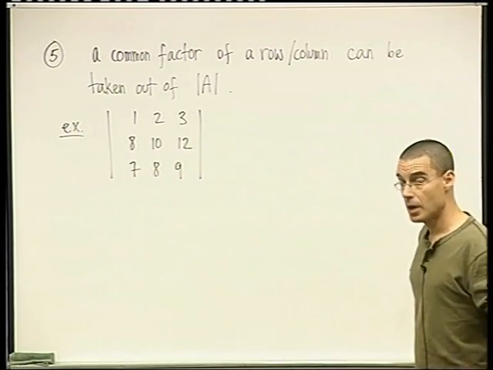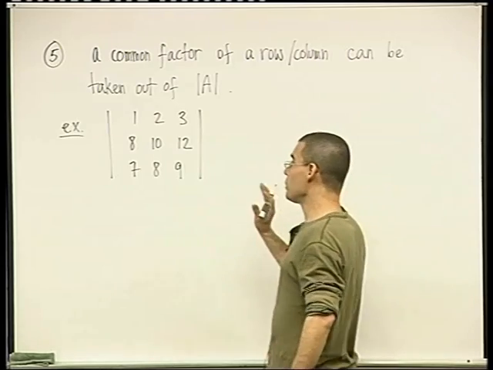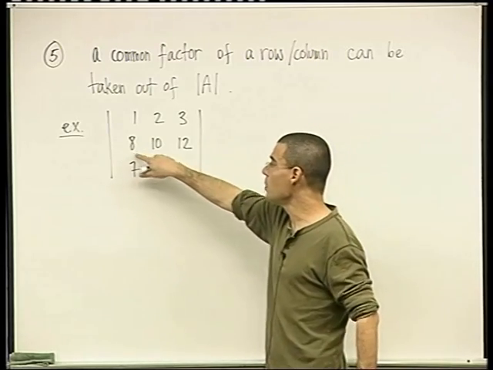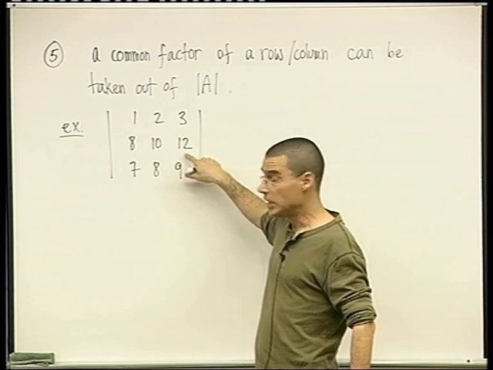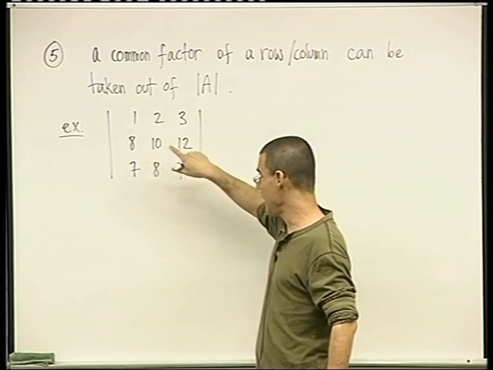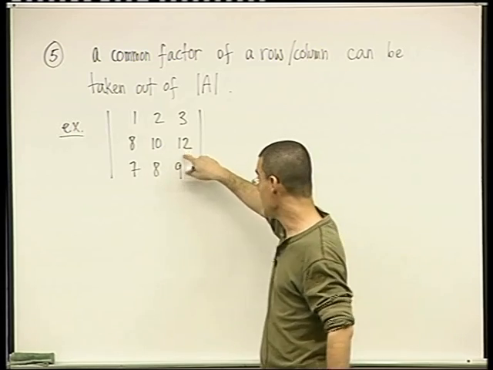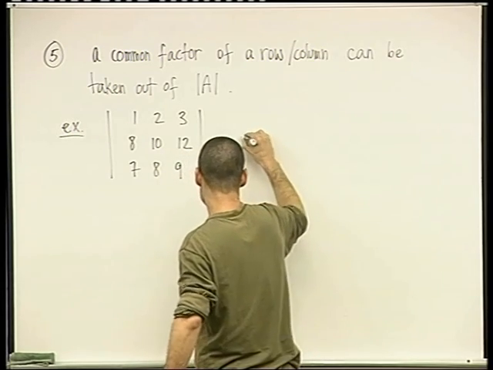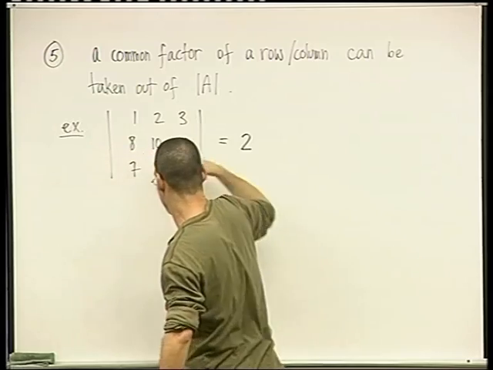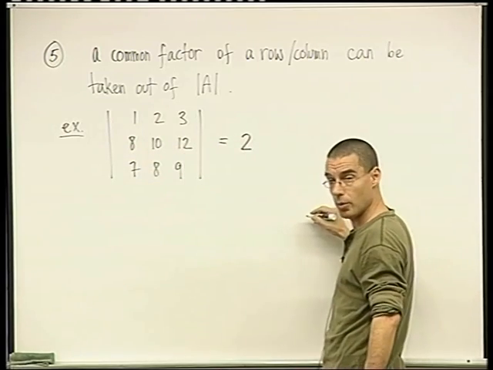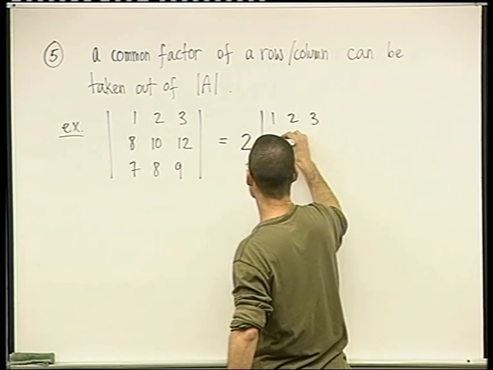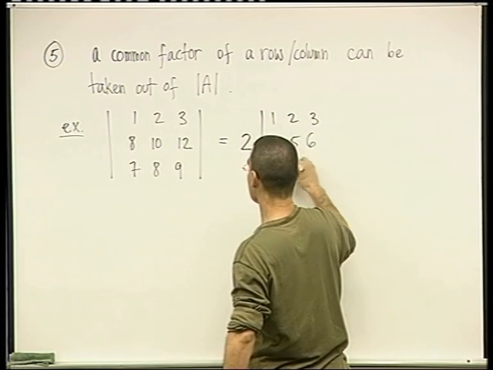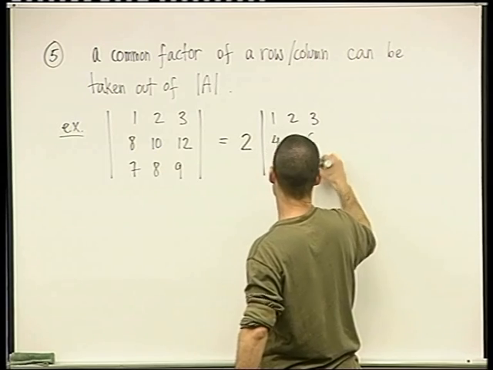Do you see that row number 2 has a common factor of 2? This is 2 times 4, this is 2 times 5, and this is 2 times 6. So this equals 2, which I pulled out as a common factor from the second row, times the determinant of 1, 2, 3, 4, 5, 6, 7, 8, 9.